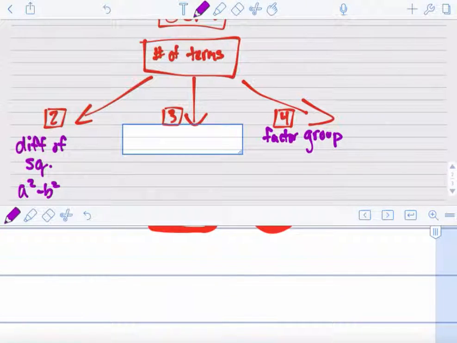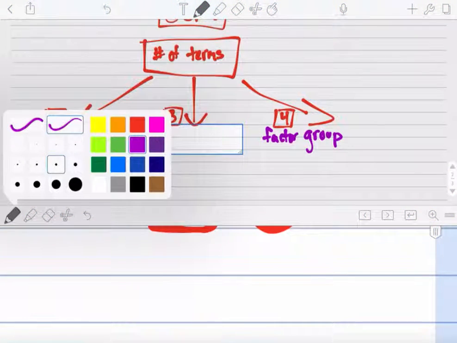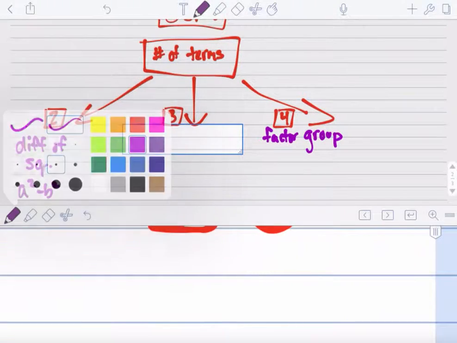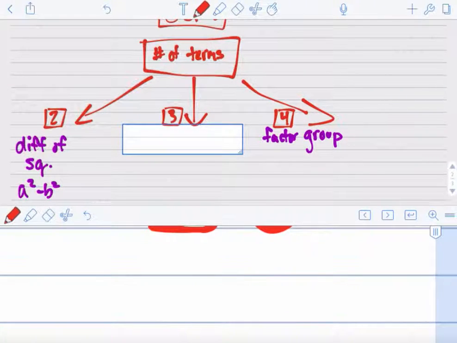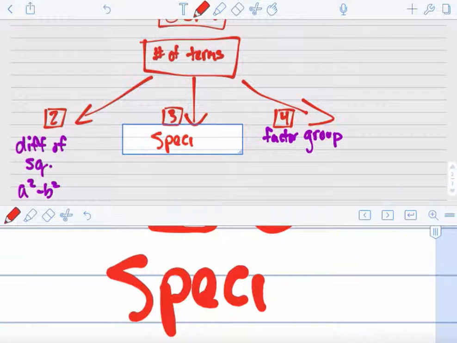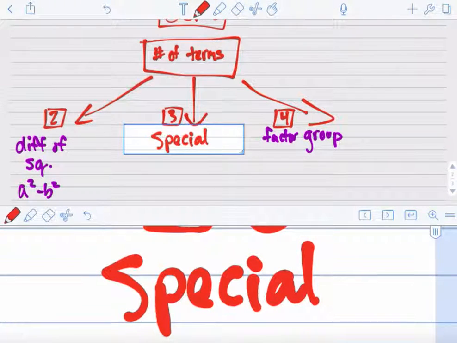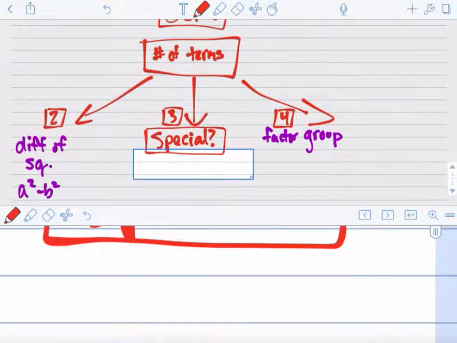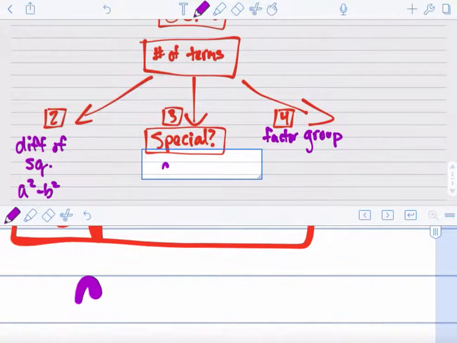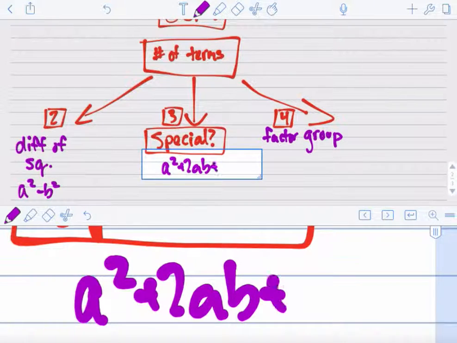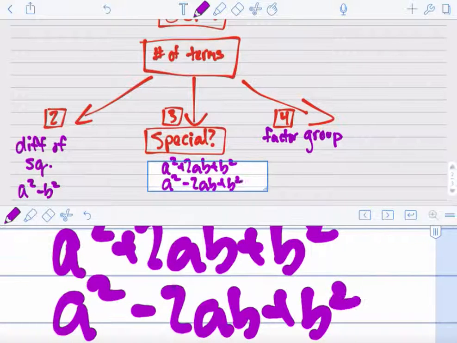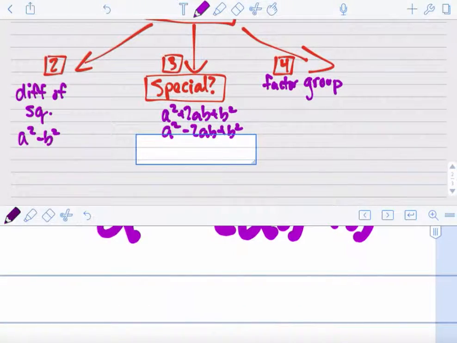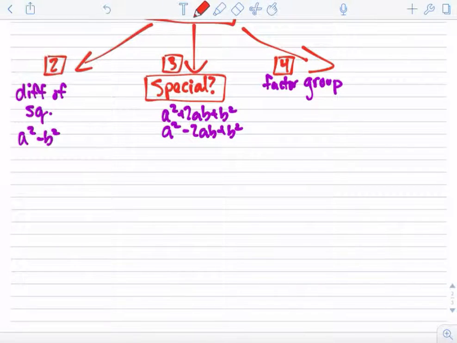If you're at three terms, you've got a lot of options. First thing you want to check is, is it a special product? For that particular case, a special product would be a squared plus 2ab plus b squared, or a squared minus 2ab plus b squared.